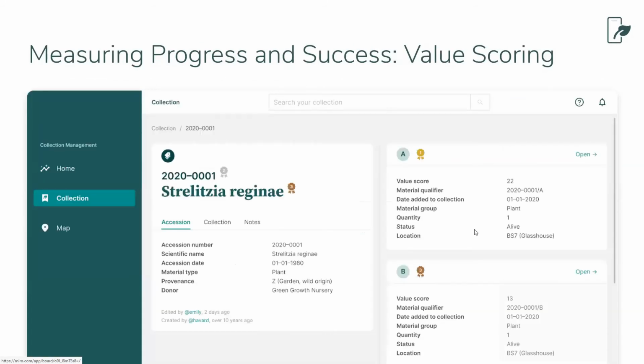The other thing, which is also something we've looked at, and that's very close to our heart. We're going to have a webinar particularly about this on the 12th of August, where we're going to talk about value scoring and why this is a topic of importance to us, or for the community. We believe it's quite hard for botanic gardens to communicate and track the value of their collection, meaning in relation to your mission as a garden.